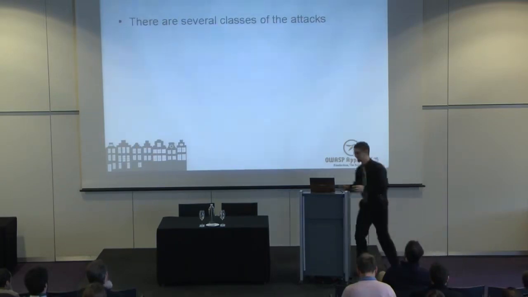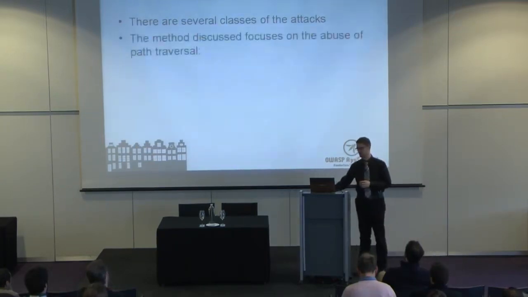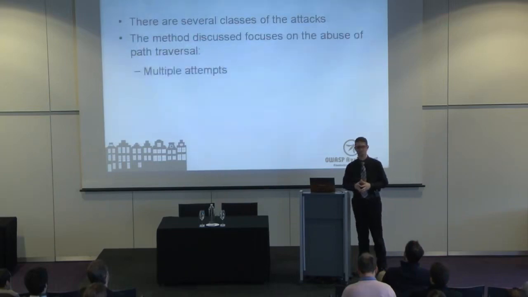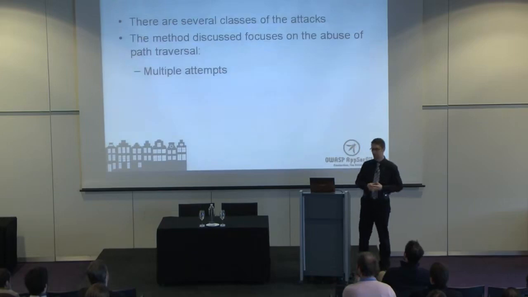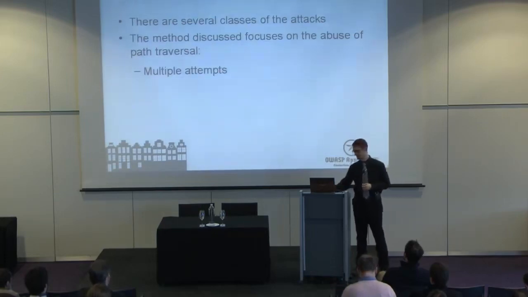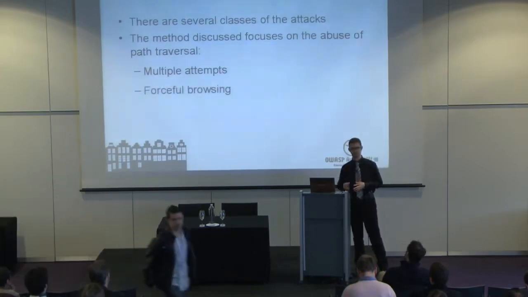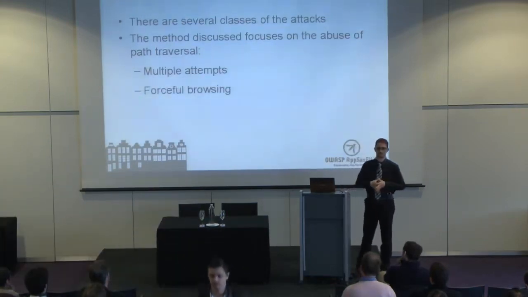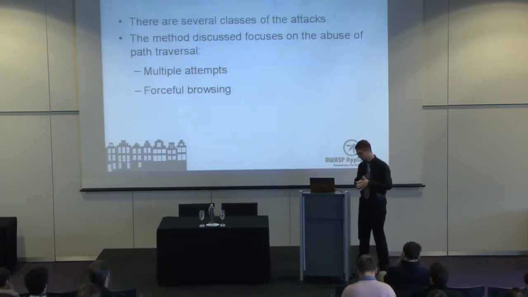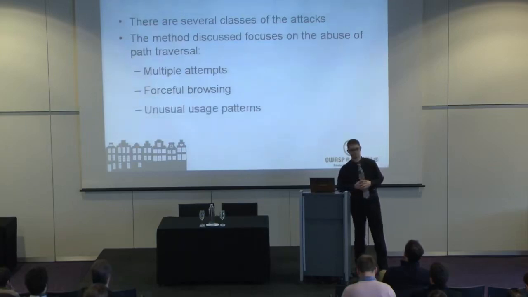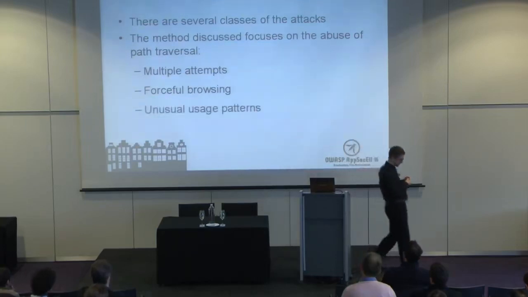I'm going to talk about other exploits which are based on abuse of path traversal, which may consist of multiple attempts to perform something and failing during doing so. Forceful browsing, so accessing directories that shouldn't be accessed from normal use, and unusual usage patterns.